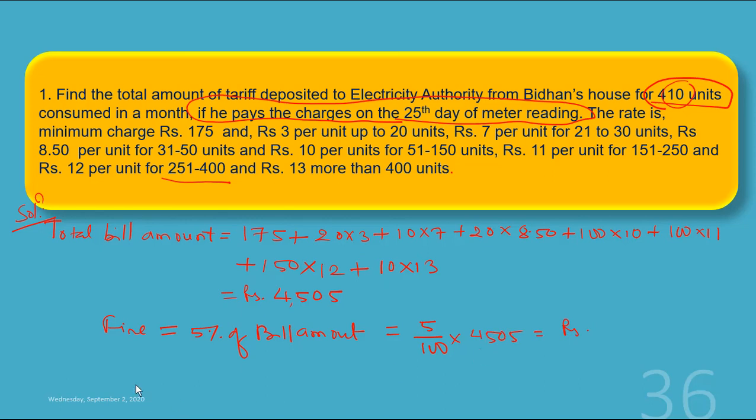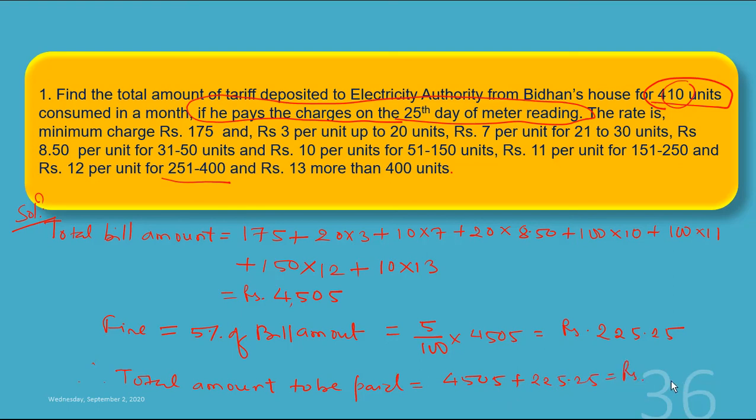Total amount to be paid equals 4505 plus, we have to add the fine, okay? 225.25 equals Rs 4730.25.